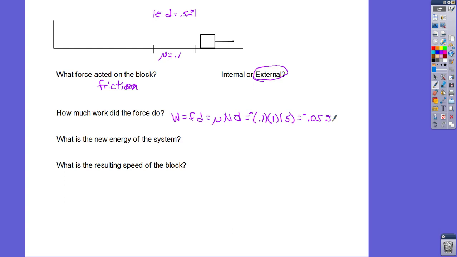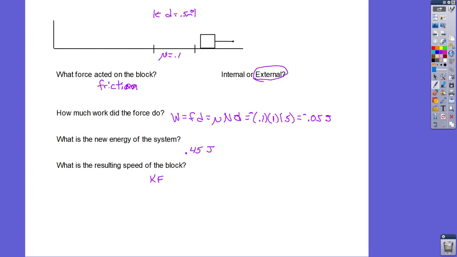Okay, so the new energy of the system is, what was it from the previous page? I think it was 0.5 joules. I don't want to take the time to go back. So that means the new energy of the system is 0.45 joules of energy. And so now when we find the resulting speed of the block, all the energy now is kinetic.